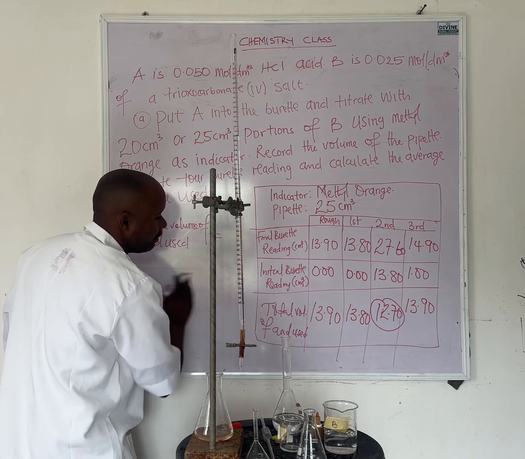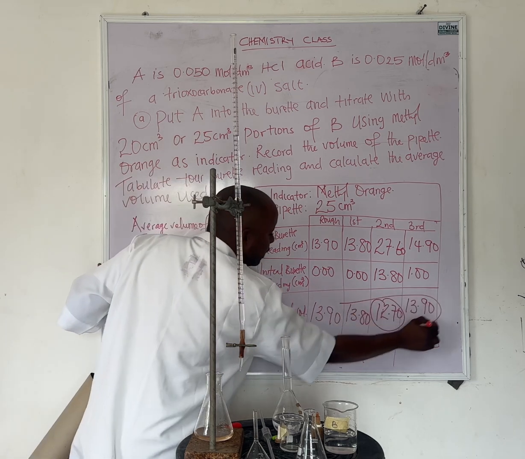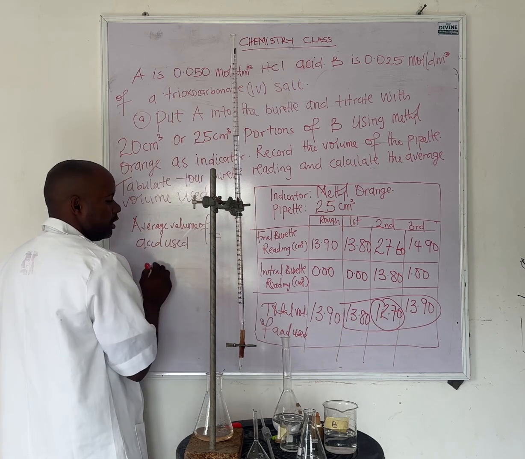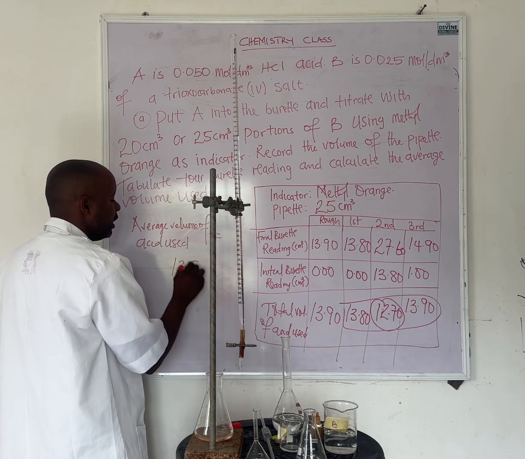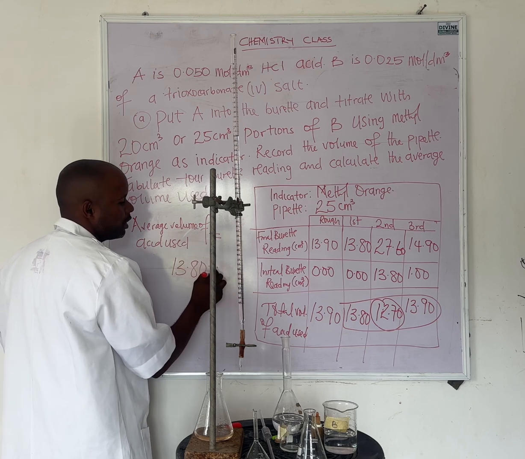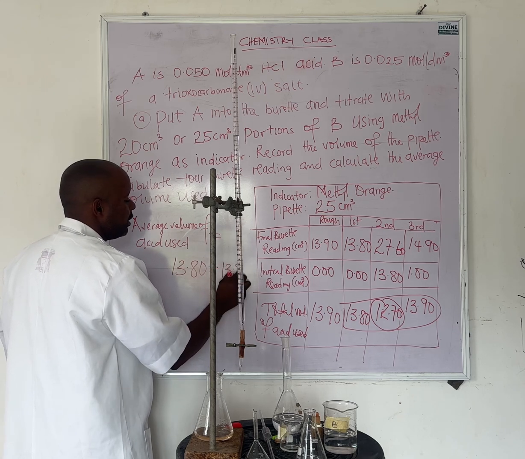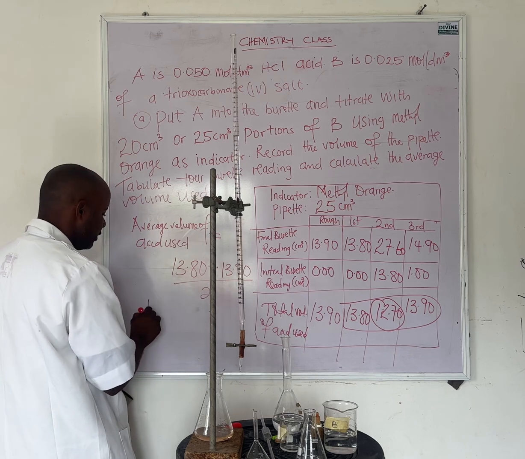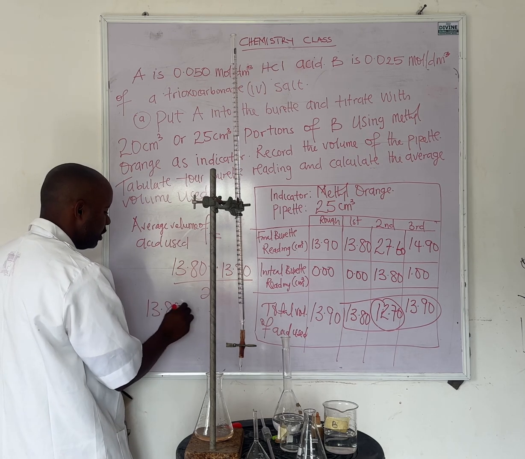I'm going to have this and this. Since this and this are very close, I can actually have the two: 13.80 plus 13.90 divided by 2.